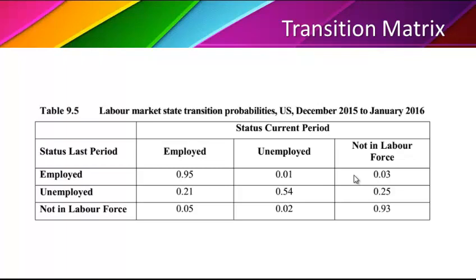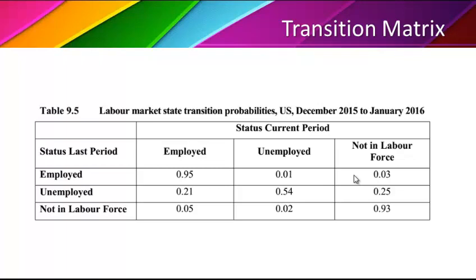And 25% became not in the labor force. This could be due to becoming a discouraged worker, or retiring, or having an injury, or becoming unavailable for some reason, like child care or elderly care. So these people would be no longer available for the labor force.